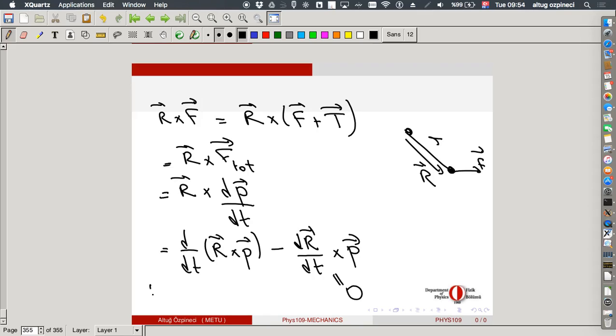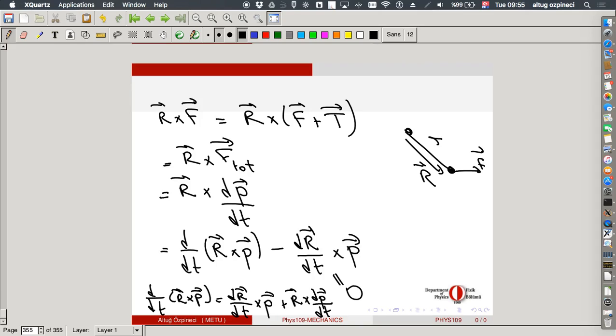Or let me write it explicitly. d by dt of r cross p is equal to dr by dt cross p, as you said, plus r cross dp by dt. But on the left-hand side, I have this one, r cross dp by dt, this term only. So this term is equal to this derivative minus this term. But that term is 0 anyway.